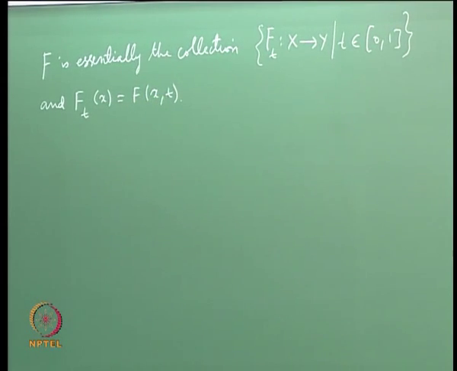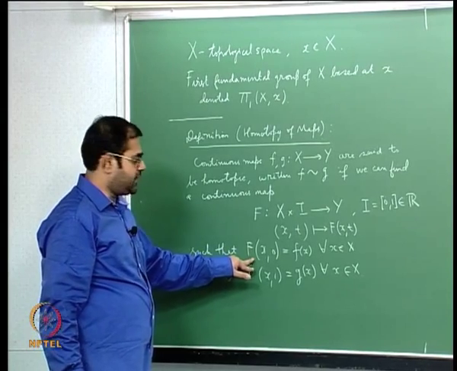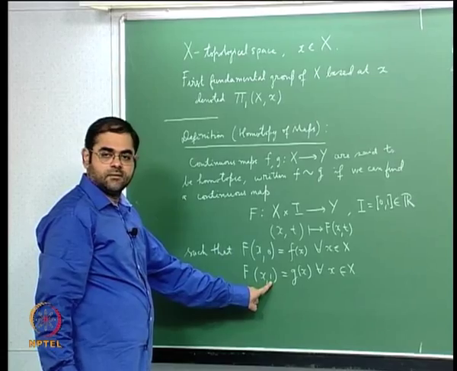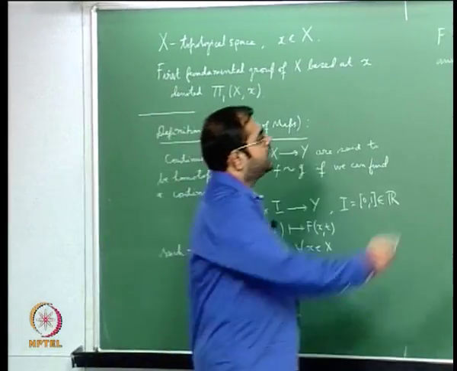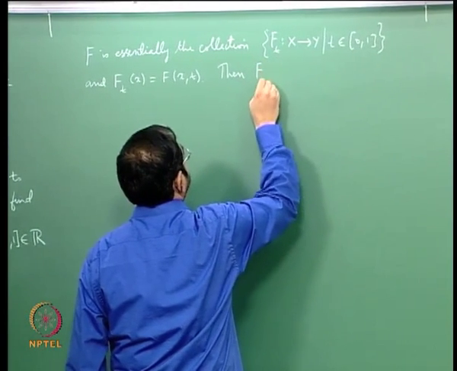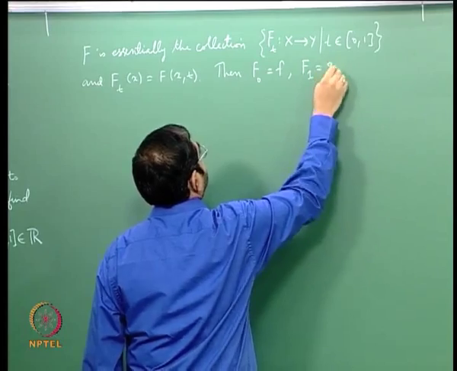Okay, and what the definition says is that F sub 0 is small f, and F sub 1 is small g.